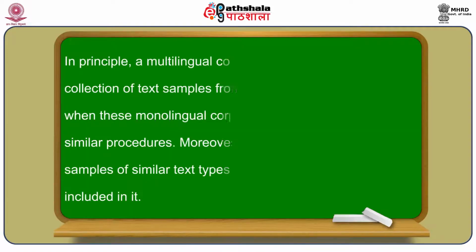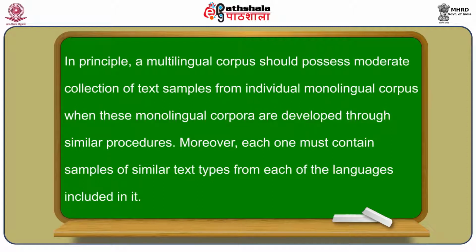That means a multilingual corpus is allowed to contain collections of text samples obtained from more than two languages. In principle, a multilingual corpus should possess moderate collections of text samples from individual monolingual corpora only when these monolingual corpora are developed through similar sampling procedures. Moreover, each one must contain samples of similar text types from each of the languages included in it.